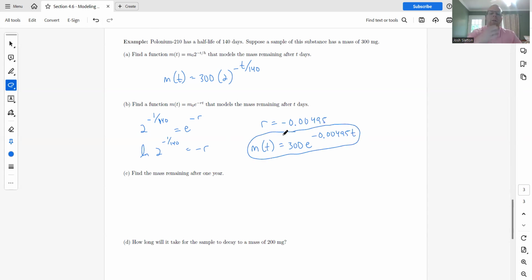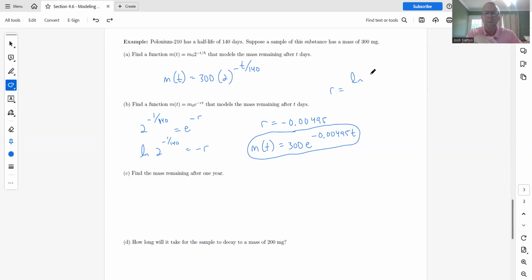So the formula for this that I was referring to is r equals ln of 1/2 over whatever the half-life is. Or maybe it's ln of 2.